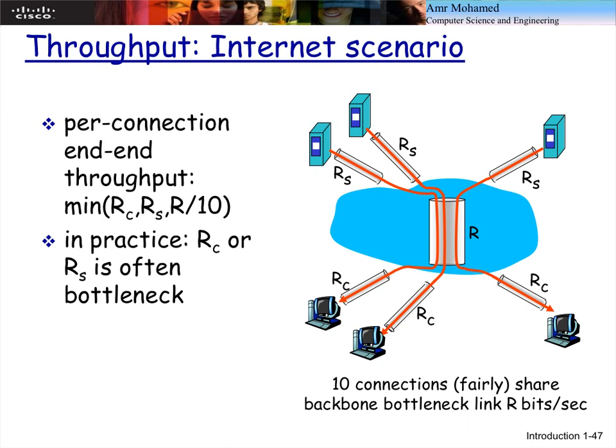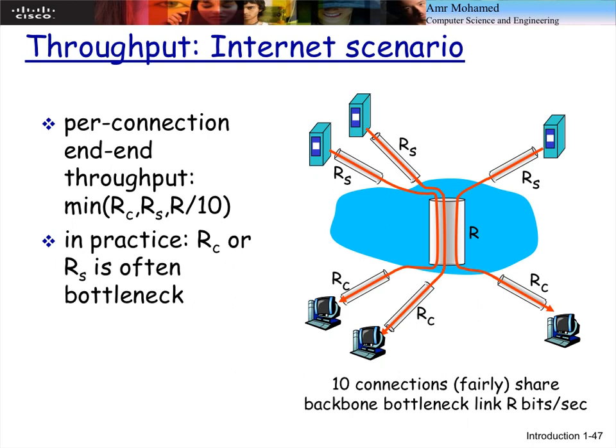Assuming that you have 10 different end-to-end connections all sharing this link, usually the router will try to be as fair as possible to all the connections, except if we are doing any kind of quality of service, which, as we discussed before, is all about discriminating between these connections.